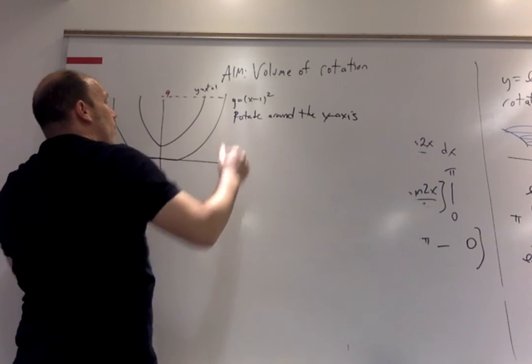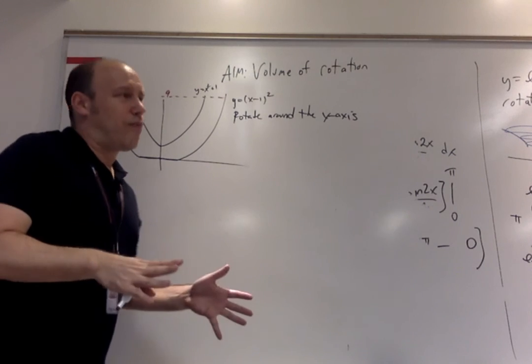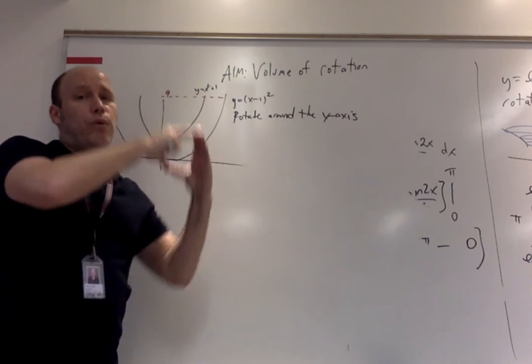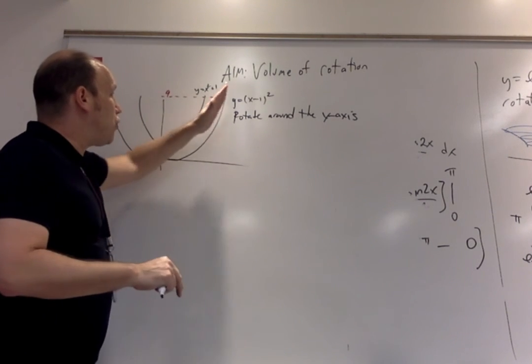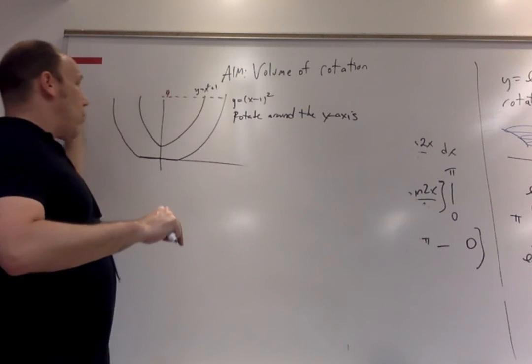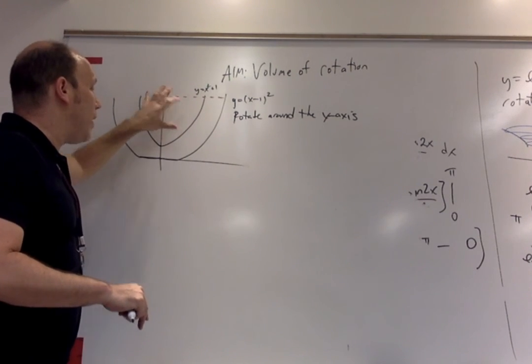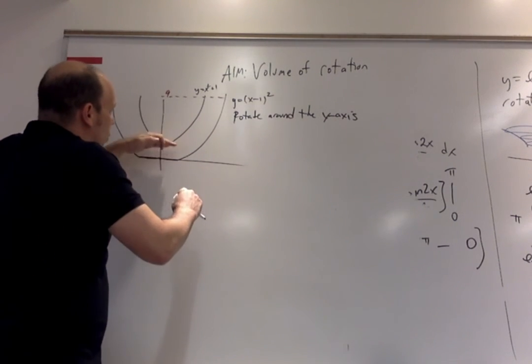So what we have to do, now this is a little different. It's not exactly like the problem where we found the intersection and rotated it. Here we're going to take the outside and rotate it around, and then subtract off the inside. The reason we can't do it together is because the limits are a little different.